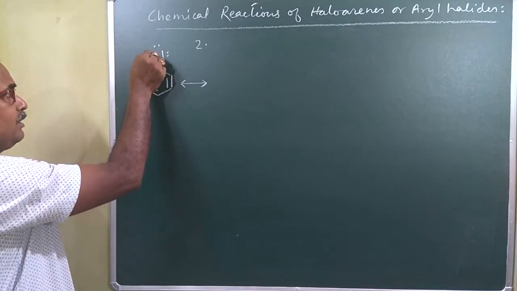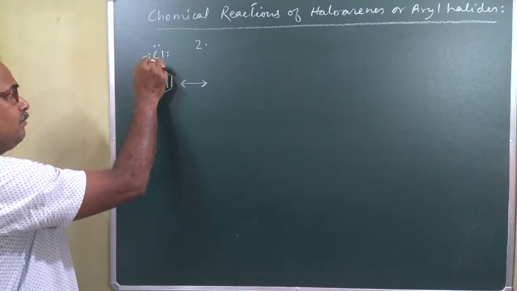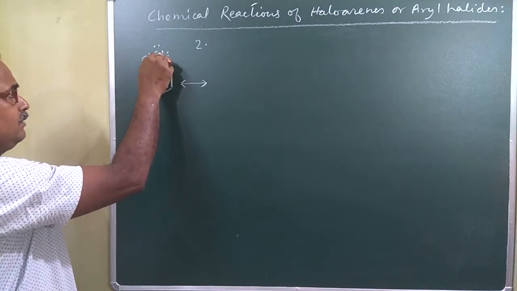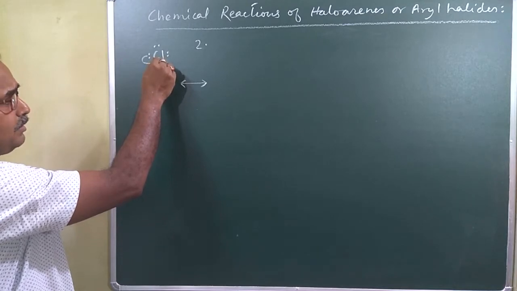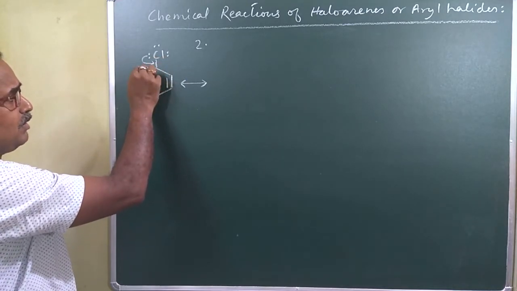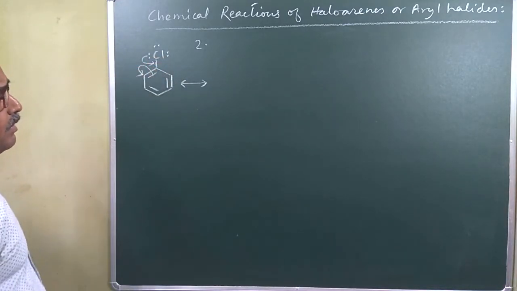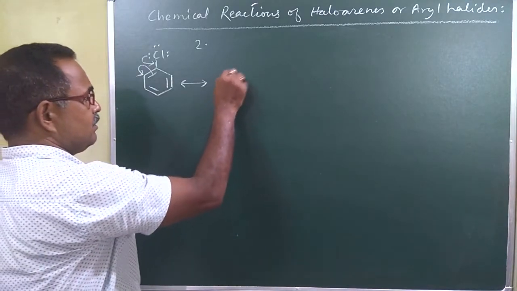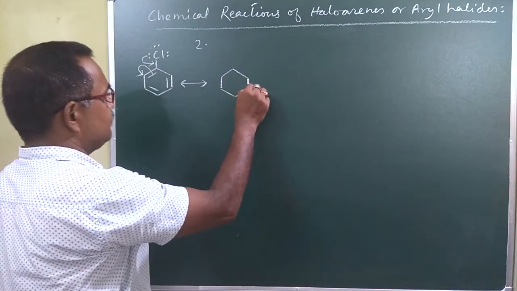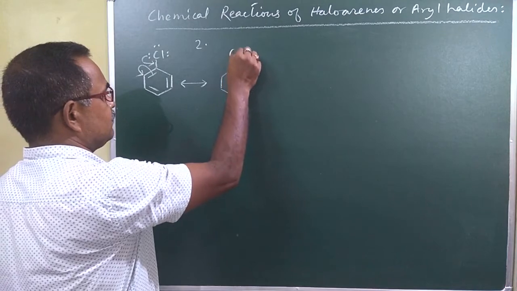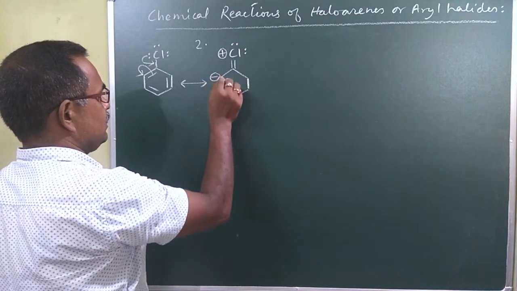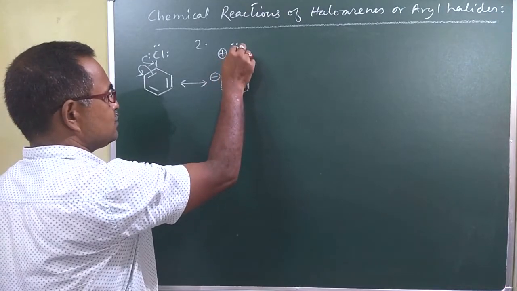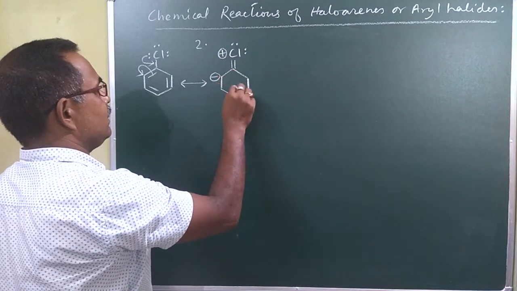Look, this pair of electrons may come over here so that there is placement of a double bond in this position. As a result, this double bond will break. Hence, we will have this structure. Carbon is positive, chlorine is positive and this carbon is negative.